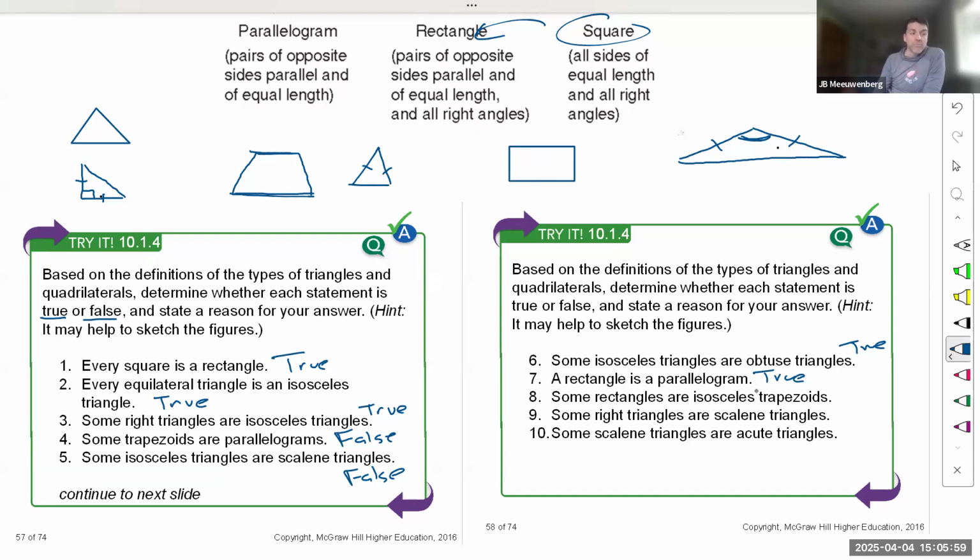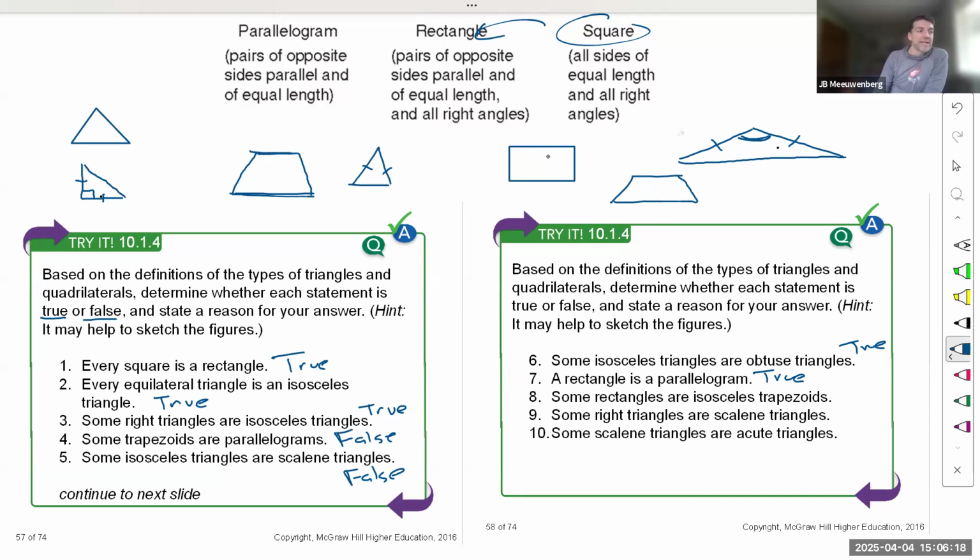Number 8, some rectangles are isosceles trapezoids. Well, to be a rectangle, it has to look like this. To be a trapezoid, it can only have one set of parallel sides, even if it's isosceles.